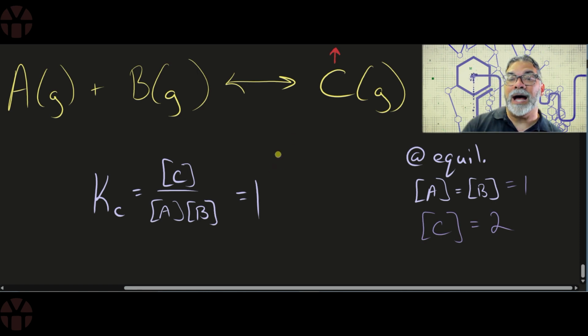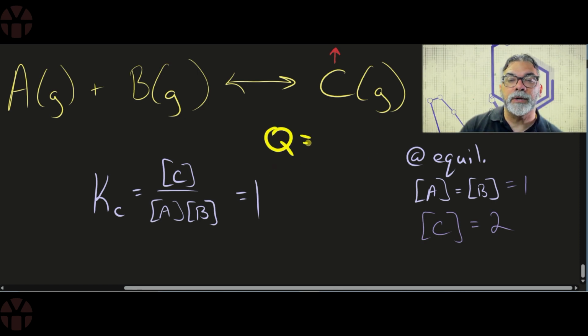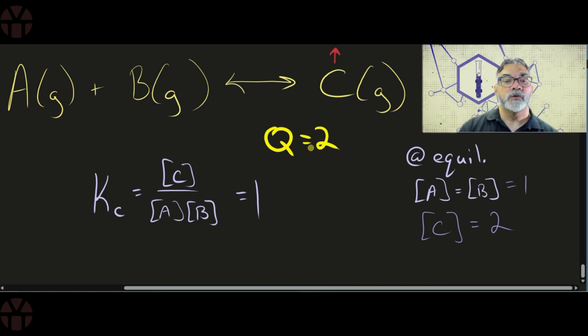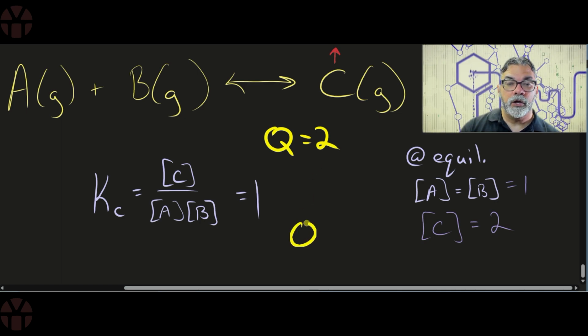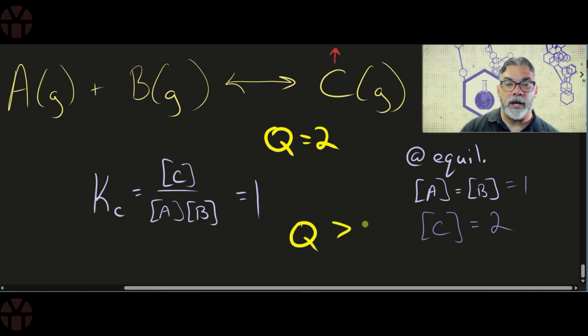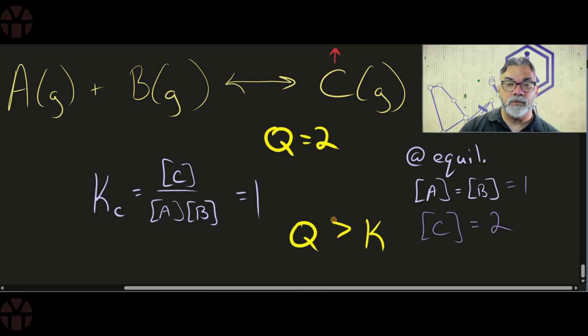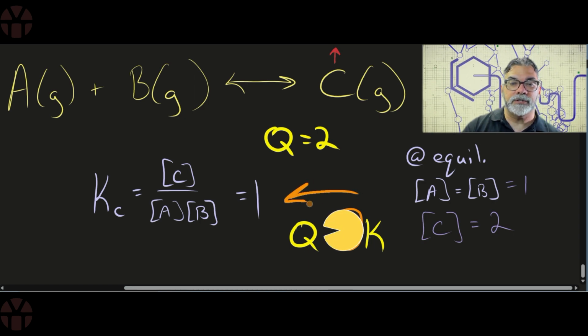And so when I say that my new ratio is 2, what I'm actually saying is that the reaction quotient is now 2. So now we need to make our comparison. Q is going to be greater than K. 2 is greater than 1. And if this is the case, which way did Pac-Man have to go? Pac-Man is going to chomp to the left.